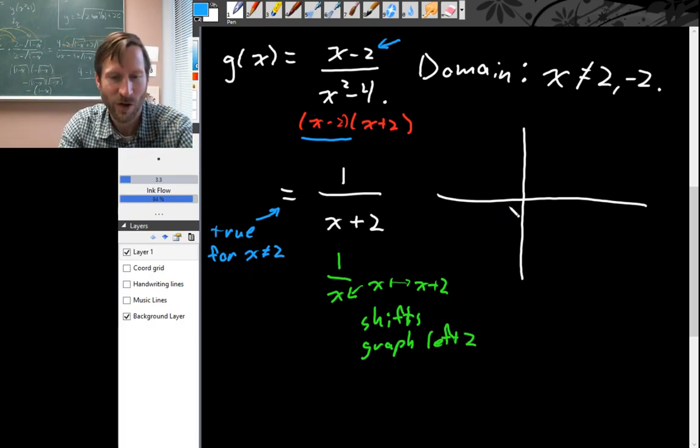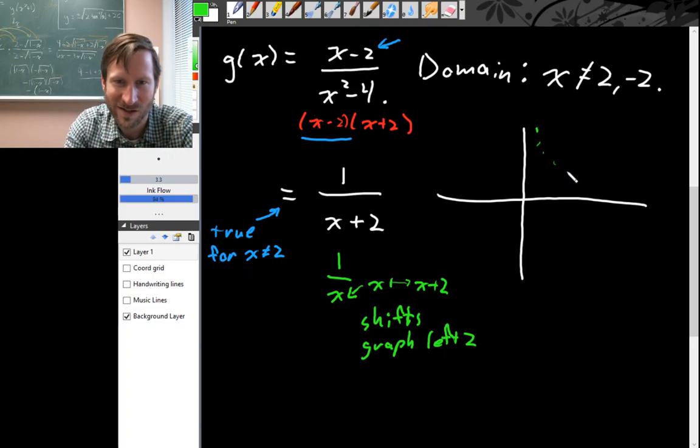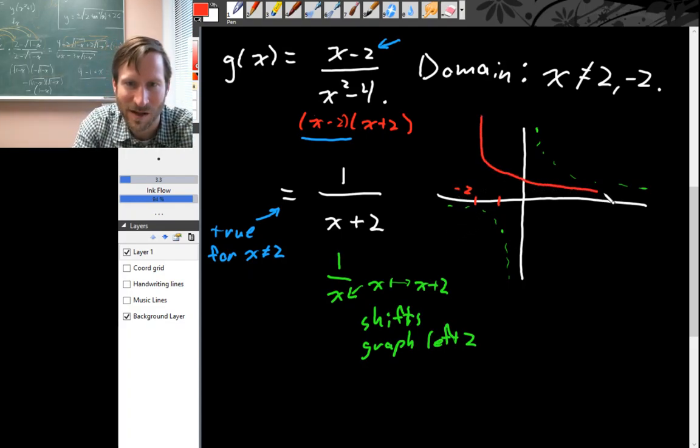So 1 over x looks like this dotted green graph. And when we shift that to the left 2 units, the vertical asymptote shifts over to minus 2. And that means it's going to look something like this.